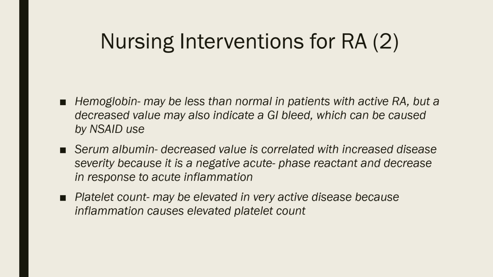Serum albumin can be a decreased value with increased disease severity because it is a negative acute phase reactant and decreases in response to acute inflammation. Platelet count may be elevated in very active disease because inflammation will cause an elevated platelet count.